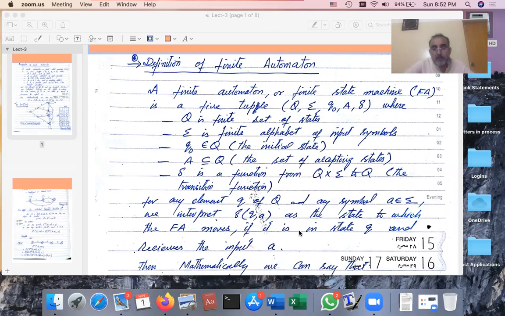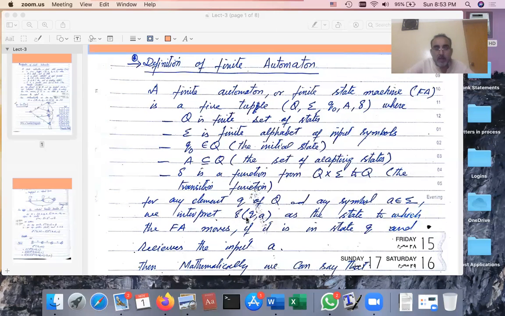So if our FA is at state Q and we have received the input A, then the FA will make us able to move on to some further state. I'm not naming that state because these are just theoretical concepts.